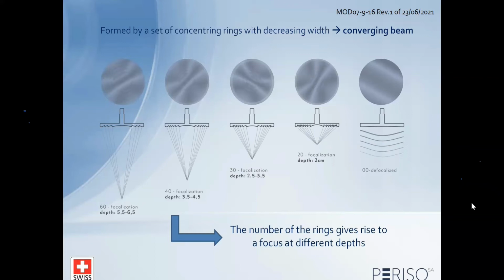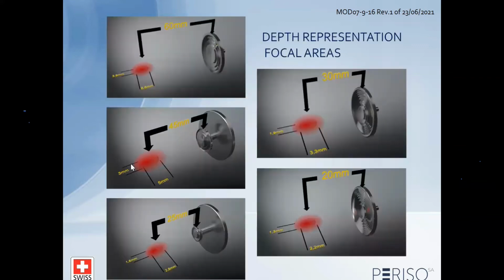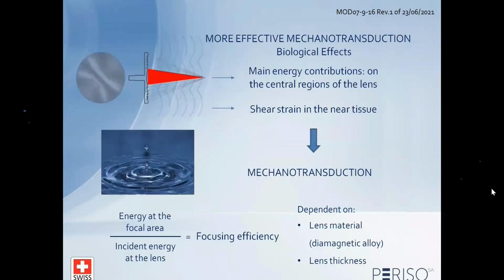So it depends on the tissue you want to treat and the depth of the pathology. Here you can see a graphic representation of the different focuses, the different areas of treatment with the different types of lenses.